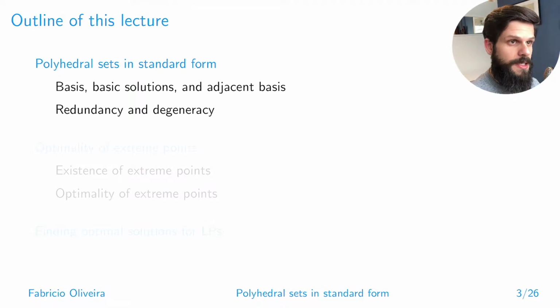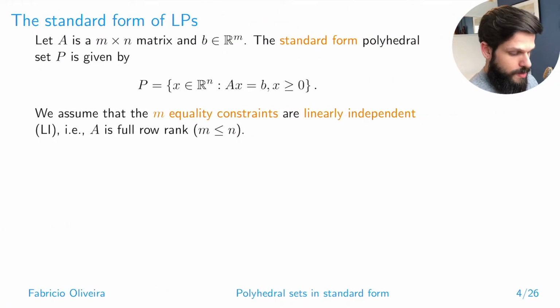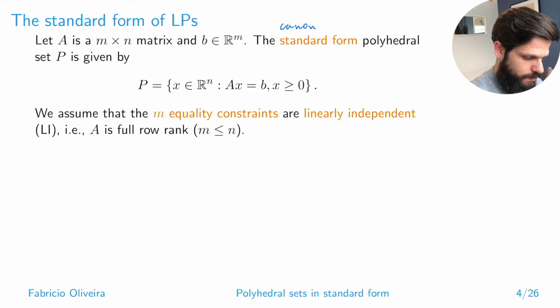So let's get started. LPs, this is a nomenclature that sometimes might not be as consistent when you look at different references. Sometimes you might see the word canonical being used as well, and sometimes they mean the same thing, or similar things, but in a different order.